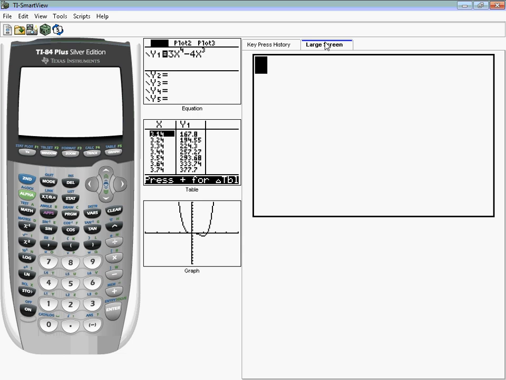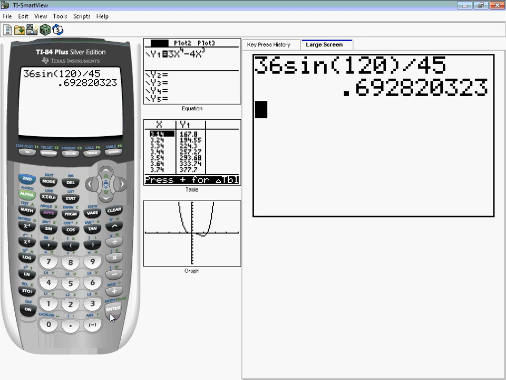Okay, and just do that all at once. Don't, some people really like pieces. I don't like pieces. Close your parenthesis, or you guys could have used the fraction key, that's fine. Okay, are you getting 0.692820?